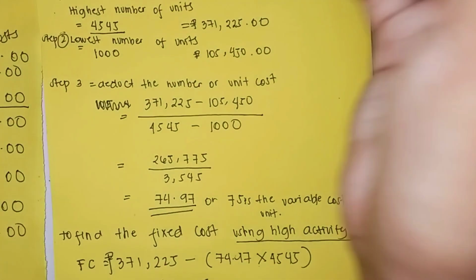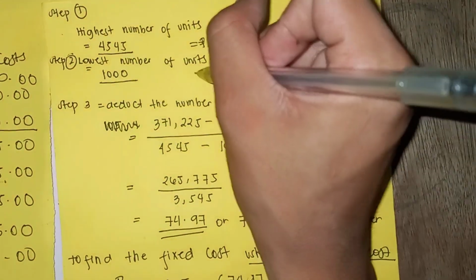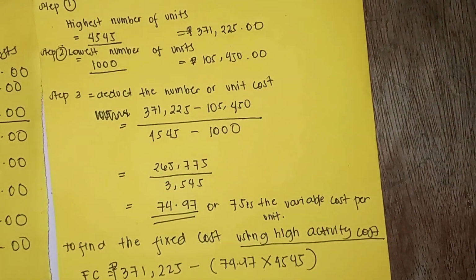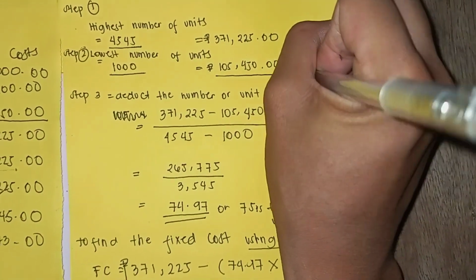So in that manner, 1,000 is the lowest number of units with a corresponding 105,450 pesos as the total cost.